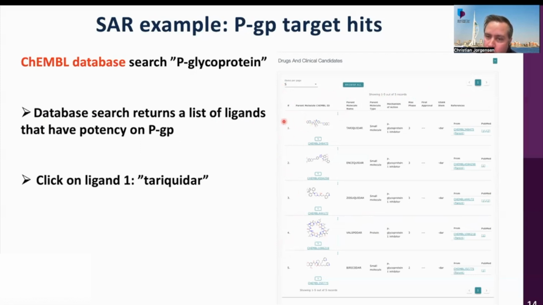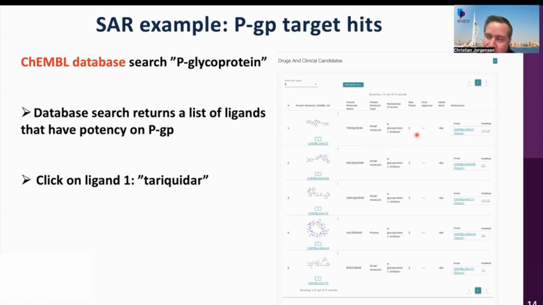So number one is the most potent to our target, called P-glycoprotein 1 inhibitor. And it will tell us first the chemical structure of the ligand. It will tell us the name. The name of this ligand is tariquidar. It will tell us that it is a small molecule, and this means that it is not a peptide, it is not an antibody, okay? It's not a protein, it's a small molecule, which is a category in drug discovery.